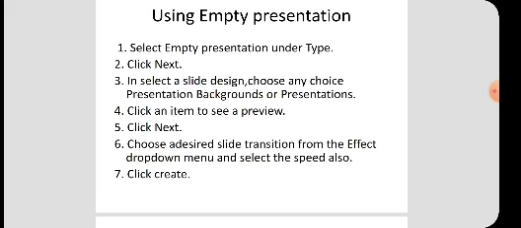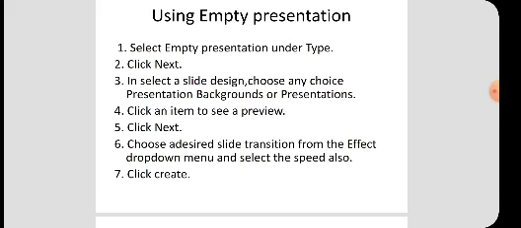And then click that item to see a preview. And then click next. So choose the desired slide transition from the effect drop down menu. And we have to select the speed also, and then click create.